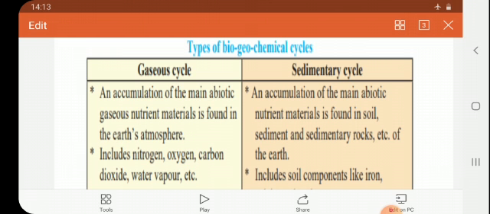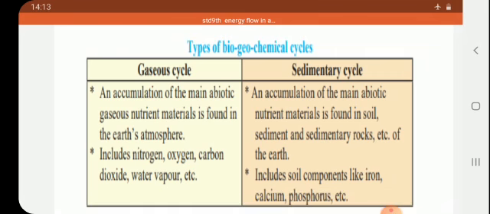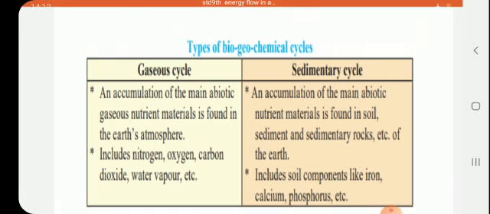According to the states or the types of nutrients in the biogeochemical cycle, there are two types of biogeochemical cycles: gaseous cycle and the sedimentary cycle.